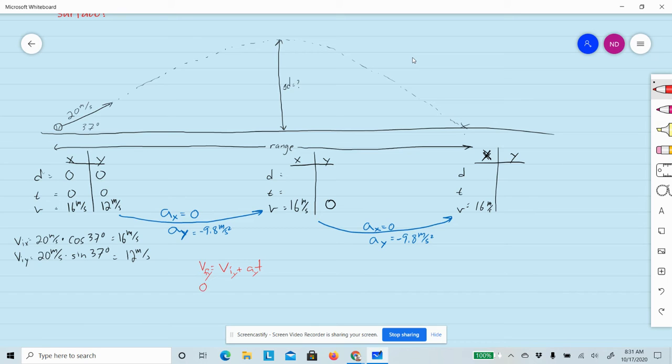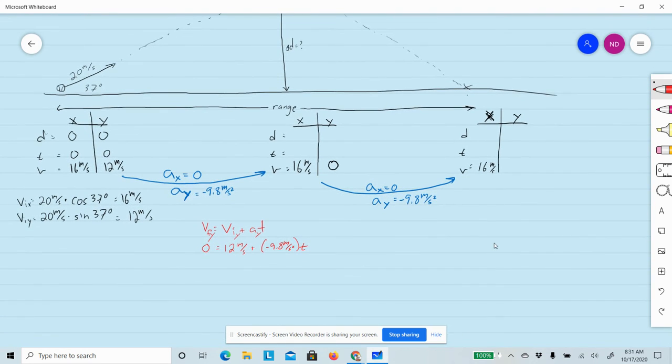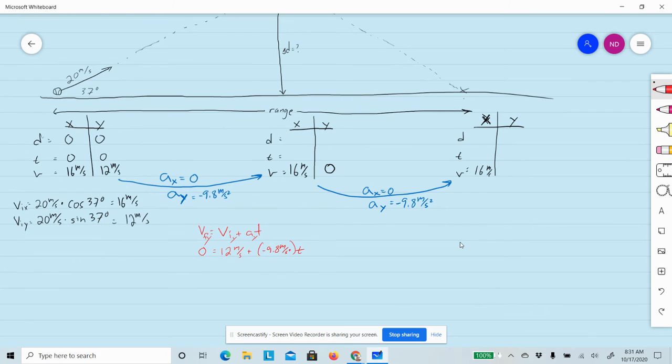So 0 equals that 16 meters per second plus negative 9.8 meters per second squared times time. We can now figure out the time it takes for it to reach its maximum height: bring this over here, minus 16 meters per second equals negative 9.8 meters per second squared multiplied by time.